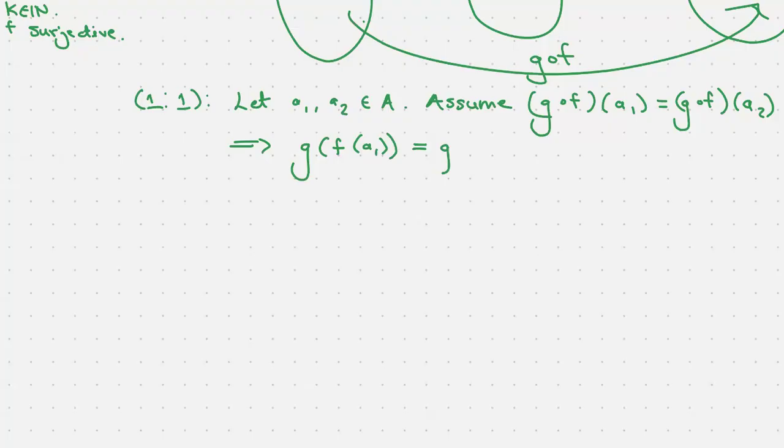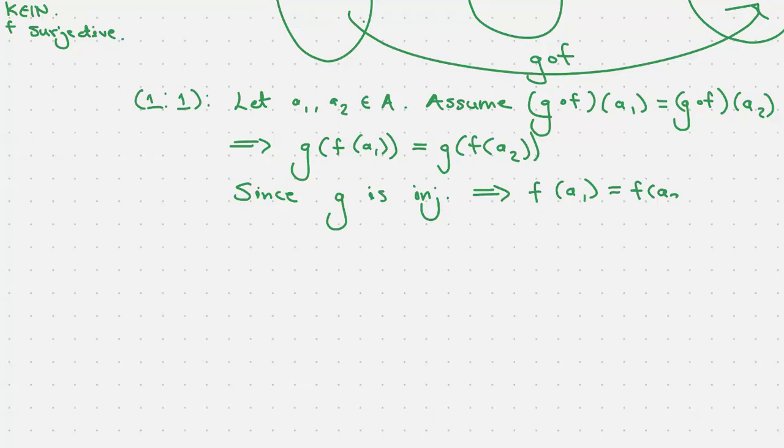Since g is injective, because it's a bijection, I'm going to shorten it from now on, it follows that f of a1 is equal to f of a2. And since f is injective, this implies that a1 is equal to a2.